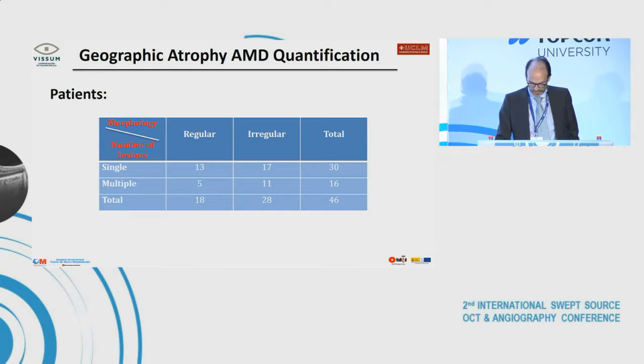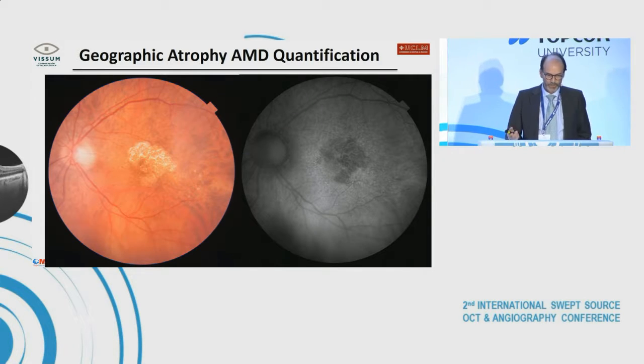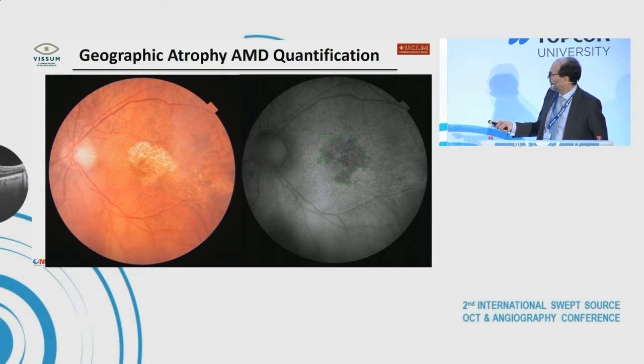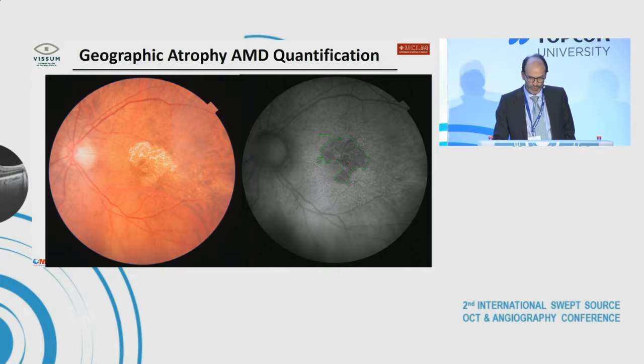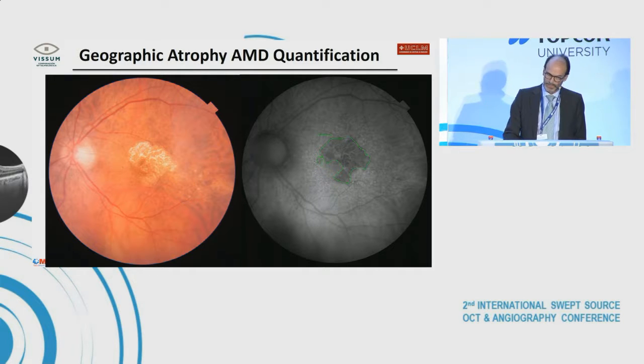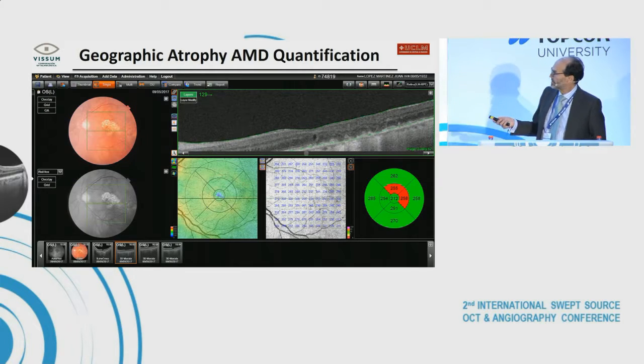28 irregular lesions. And this is one sample of a patient with a typical lesion of geographic atrophy in the middle of the posterior pole. This is the manual measurement of the lesion, performed on what is now the gold standard, fundus autofluorescence, by 3 different investigators in a masked fashion. And this is the possibility offered to us by the new software.